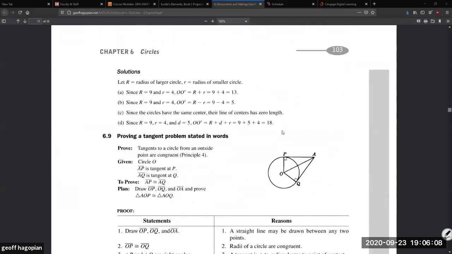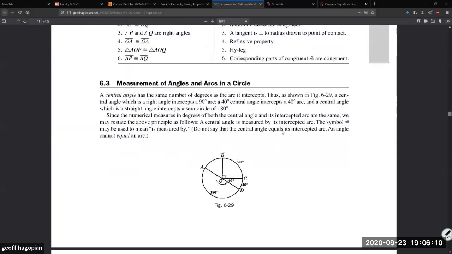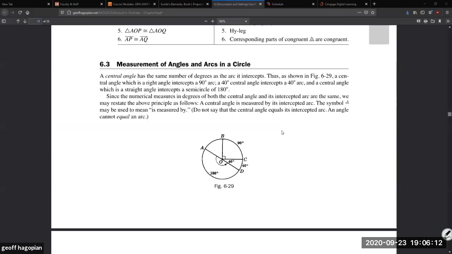So they have a bunch of solved problems, and then they talk about measurement of angles and arcs in a circle. We talked about this a little bit earlier, but a central angle has the same number of degrees as the arc it intercepts, right? So the central angle BOC here is 90 degrees, and so we say the degree measure of that arc is 90 degrees, right?